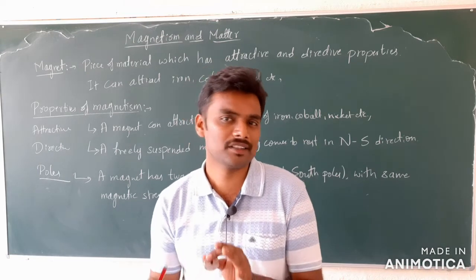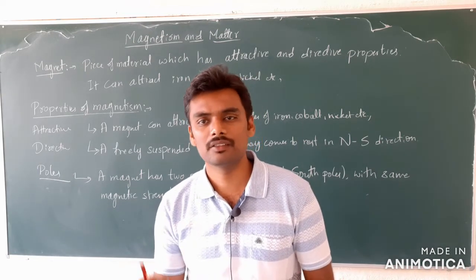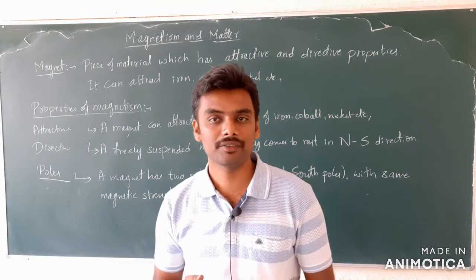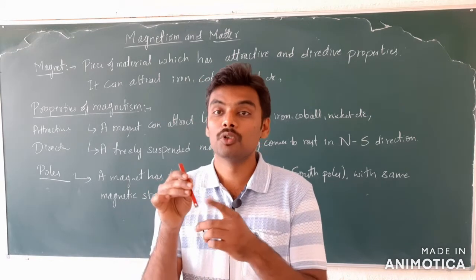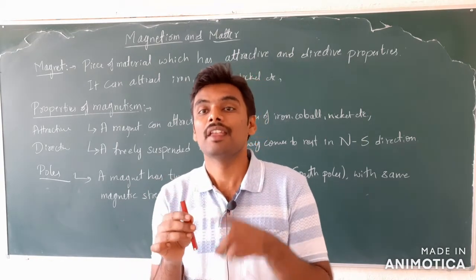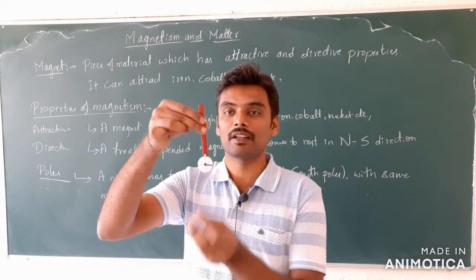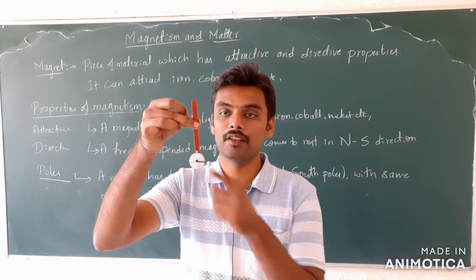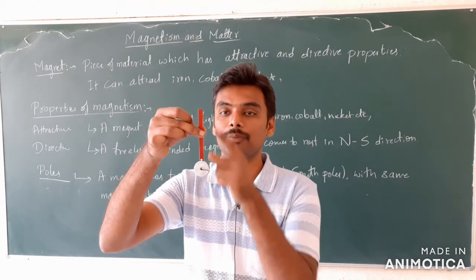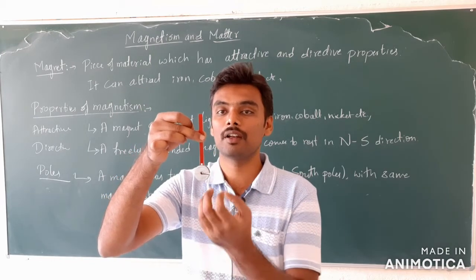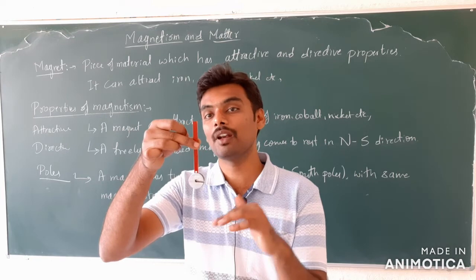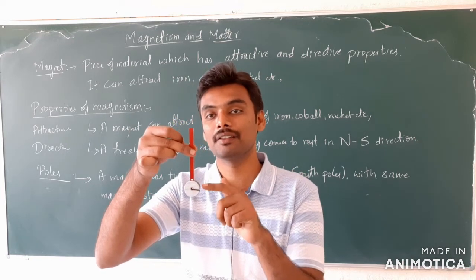If the force of attraction is less, then we can say the magnetic strength is less. Both the poles of a magnet possess same magnetic strength. Okay, see, the north pole of this magnet can attract this one with a force which is equal or more than its weight, right?